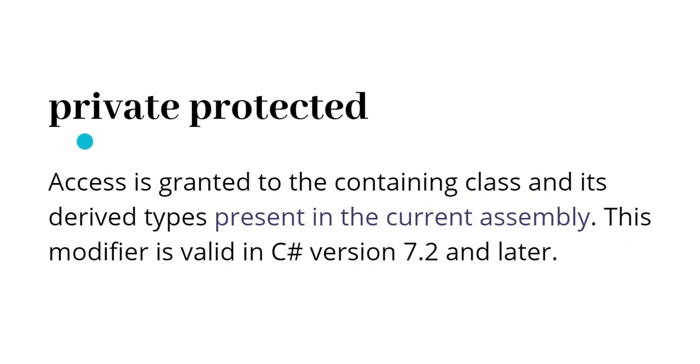So the private protected: we know private means we can access only in this class, and protected means we can access only its subclasses. So what's the meaning of private protected? Private protected means access is granted to the containing class and its derived types present in the current assembly.